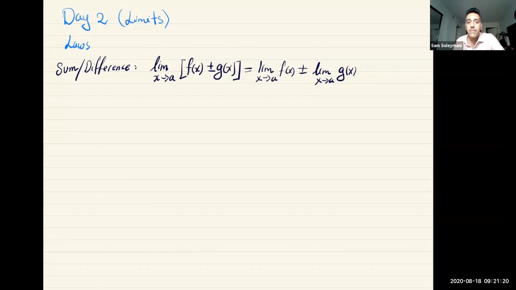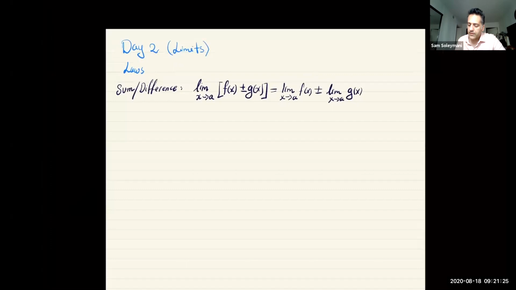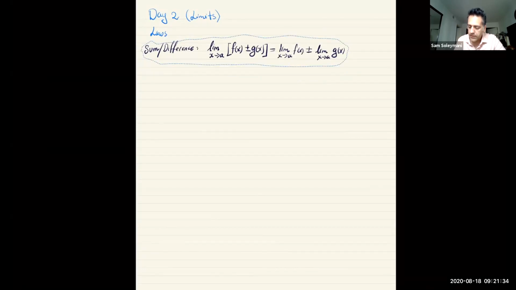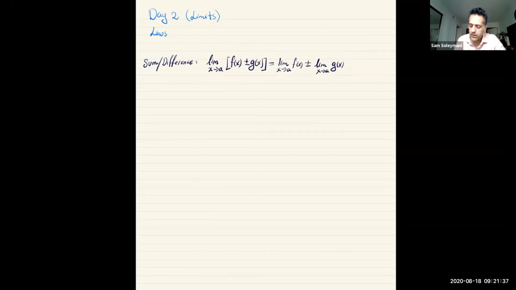Okay? This law is going to be true if the limit of each of those functions exists. If it doesn't, then you can't apply this law. So assume the limit as x goes to a of f of x and the limit as x goes to a of g of x both exist.